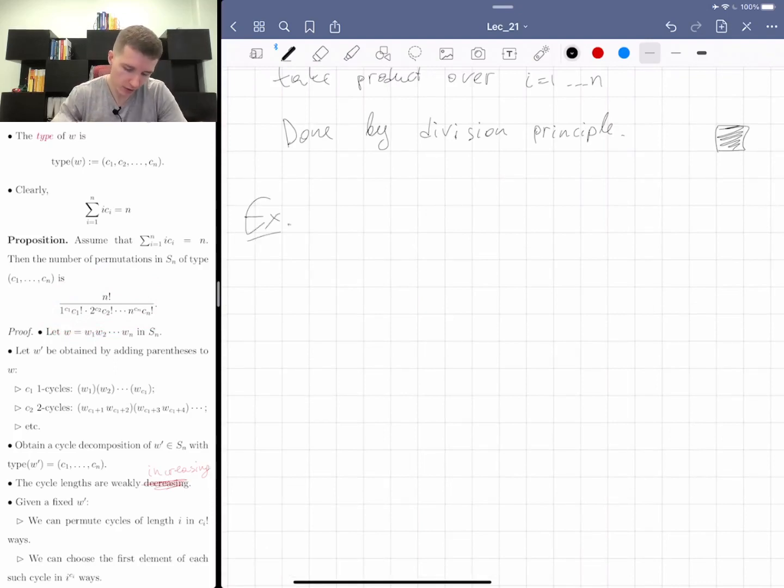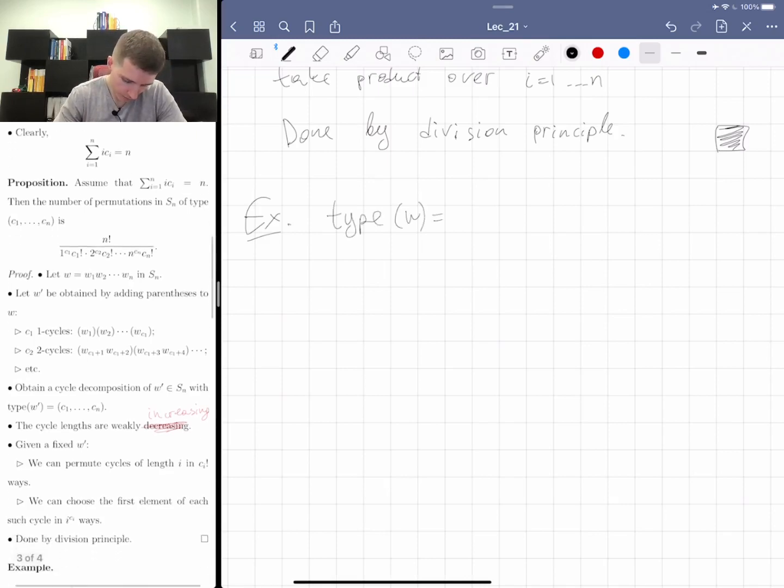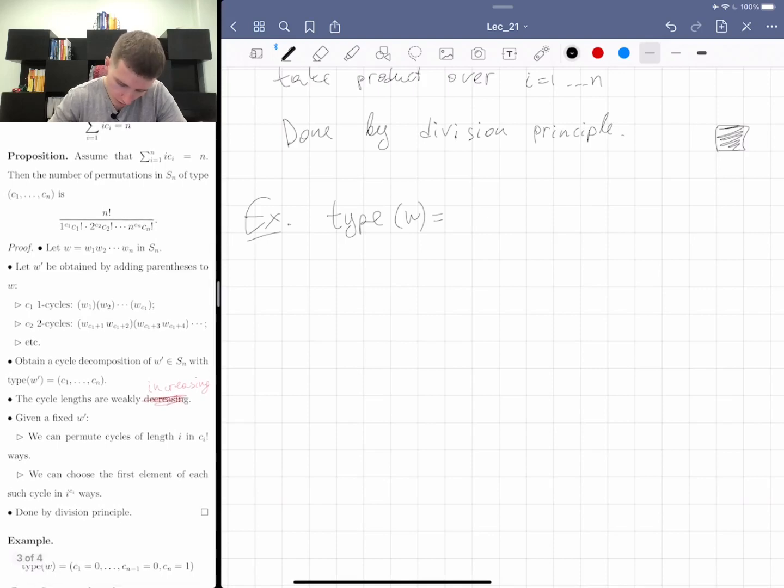The first example is, let's say that the type of w is equal to 0, 0, 0, 0, 1. So let's say the last c_n is equal to 1, with c_1, c_2 and all the other ones equal to 0. That means that w is a single cycle.